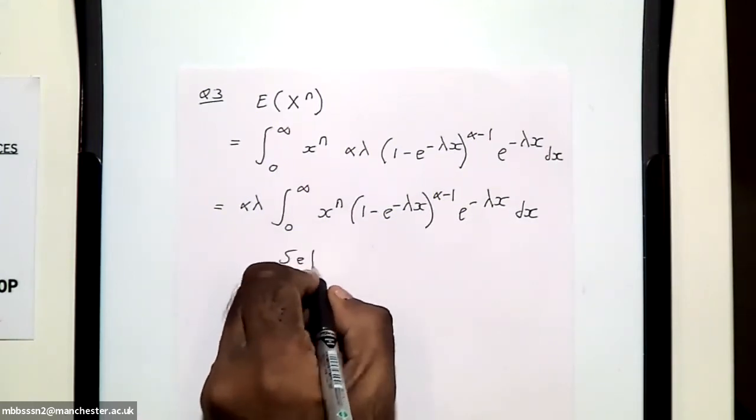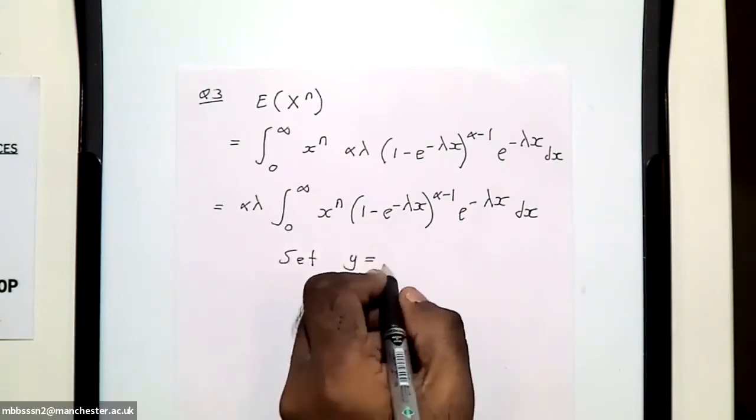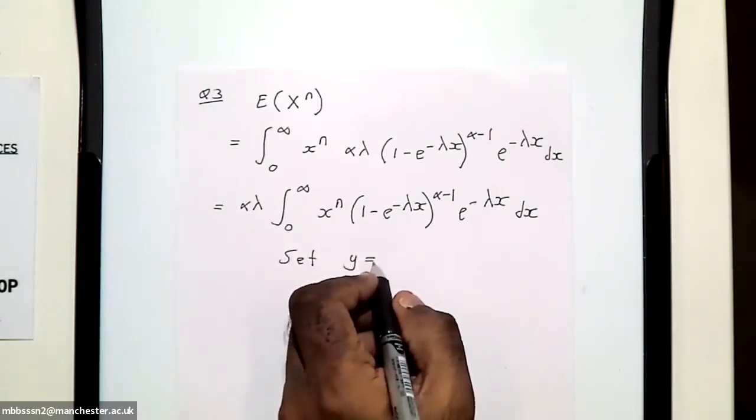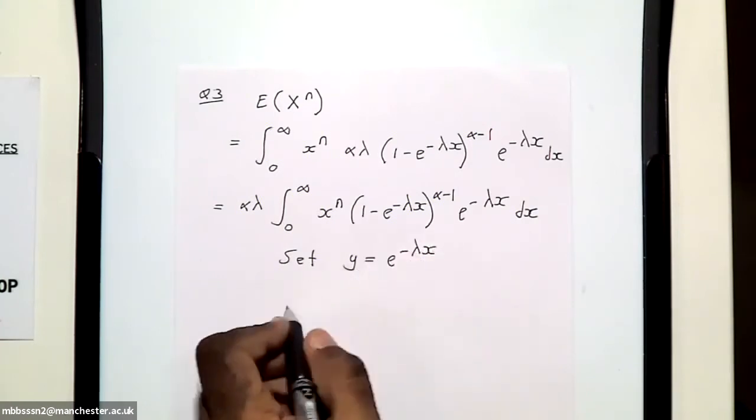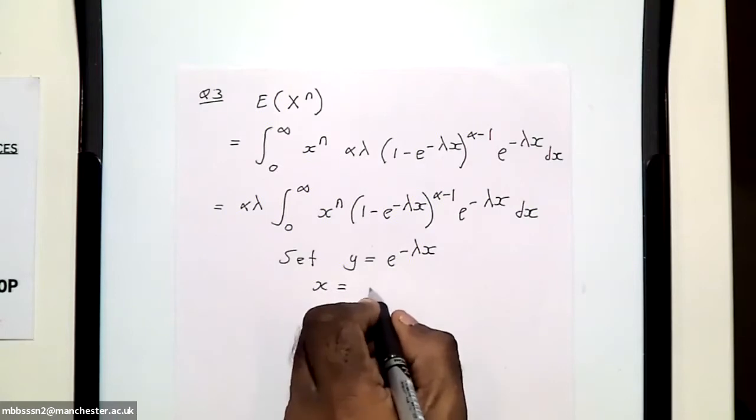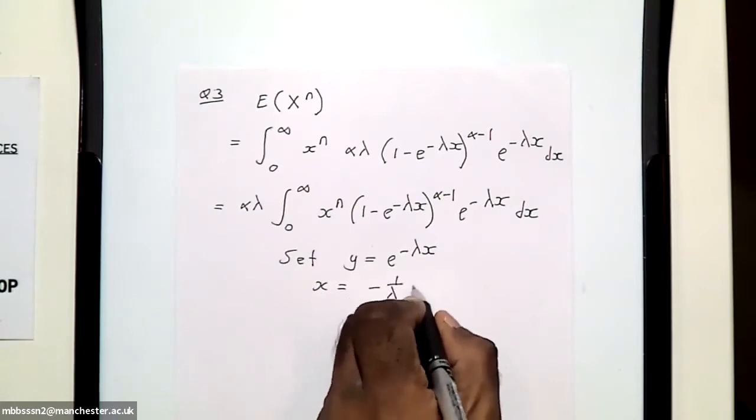So in this case, I'm going to make the following substitution. So set y equal to this. Okay, so x is minus 1 over lambda times log of y.